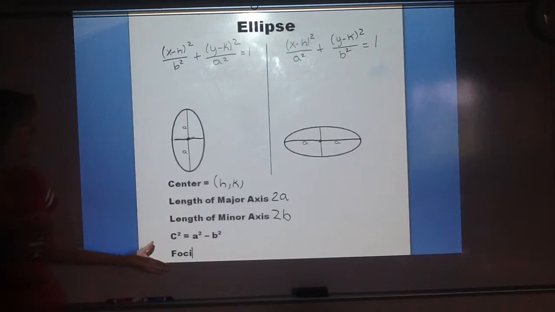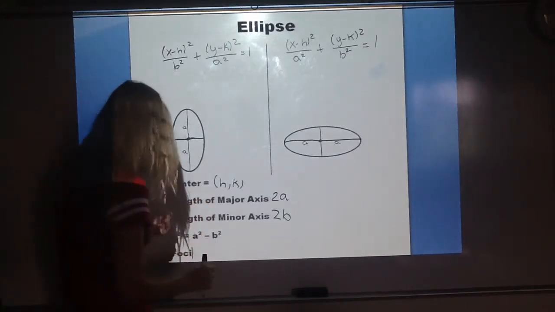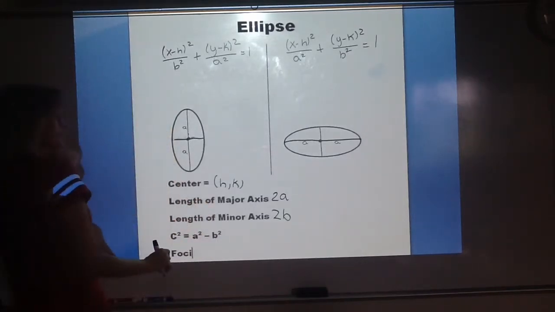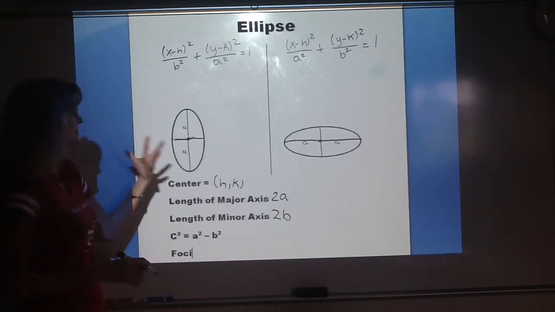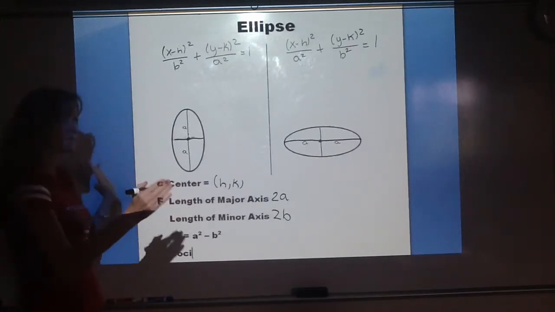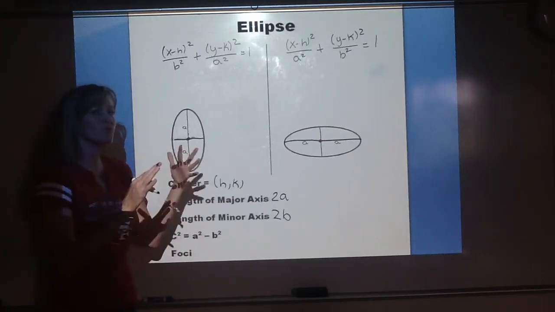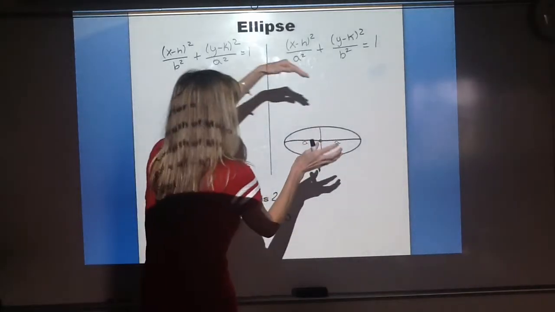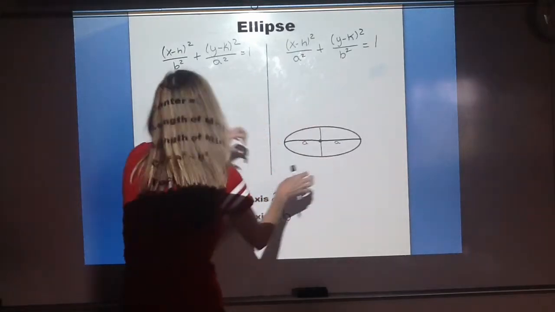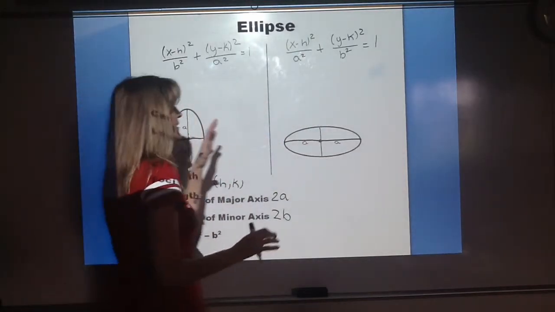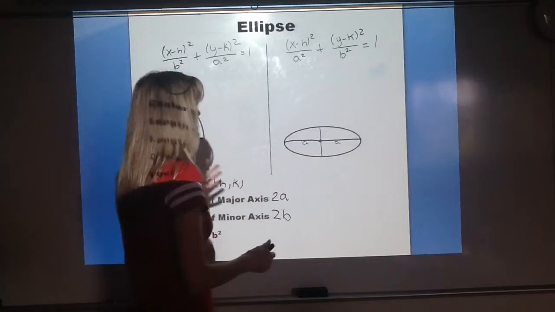Then we have a foci just like your circles do and your parabola. And it always is along the major axis, by the way. So there's two formulas, and which formula is determined by if it's the horizontal ellipse or the vertical ellipse. And it goes along with the major axis.